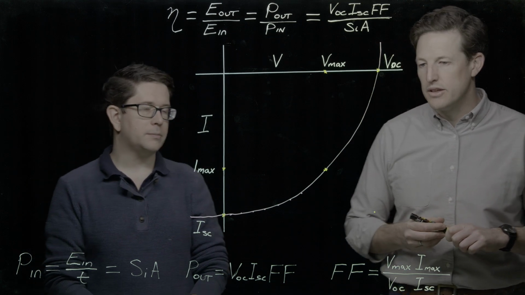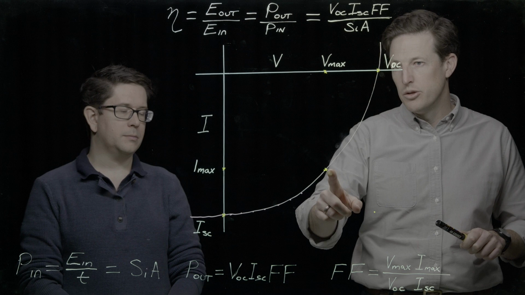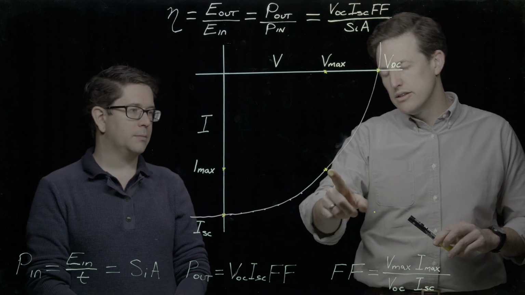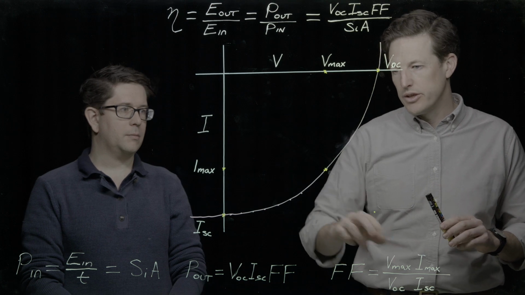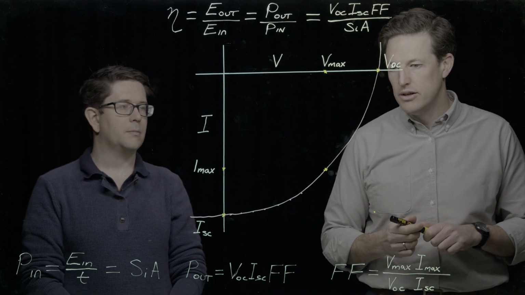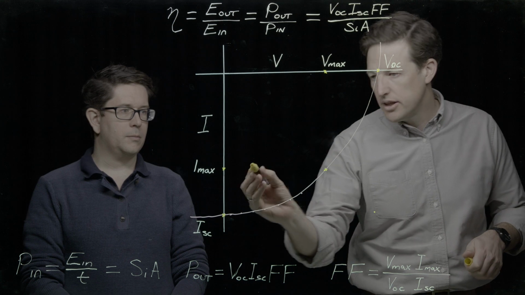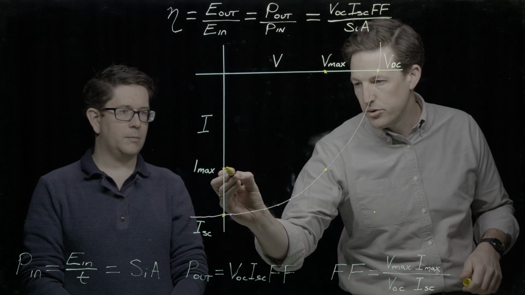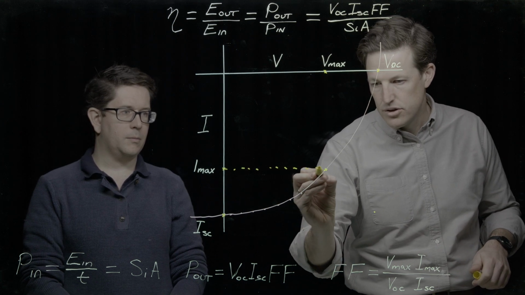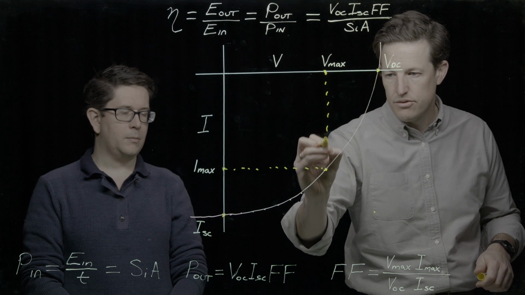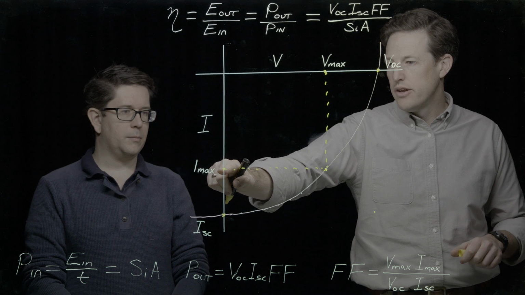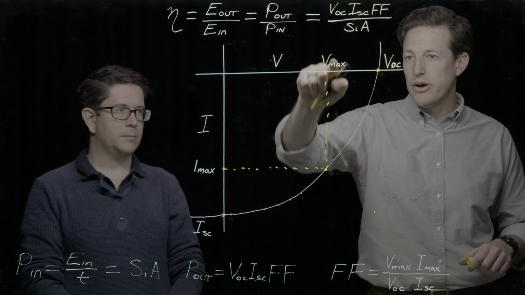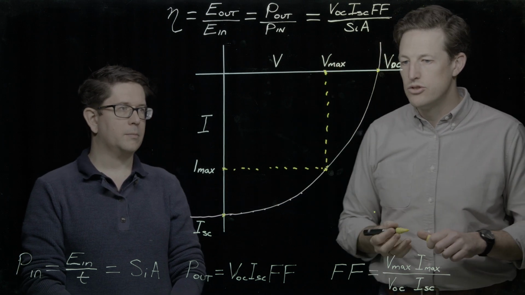Right, and typically it's going to end up somewhere in the middle. So we're kind of taking an average of the best voltage and the best current that we can get, which gives us the maximum power. And so we end up with this point here, and if we draw lines across from it, we now know our maximum current, and if we go up, we know our maximum voltage.